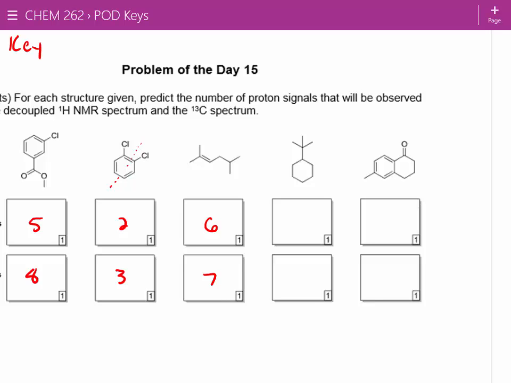So it's going to be 99.9% equatorial. Very, very little will be axial. So we really won't observe the axial position by NMR. So if we look at our model, it looks something like this, where the tert-butyl group is equatorial. And this tert-butyl group can spin like a helicopter blade. So knowing this, let's try to figure out how many proton signals and how many carbon signals there would be.